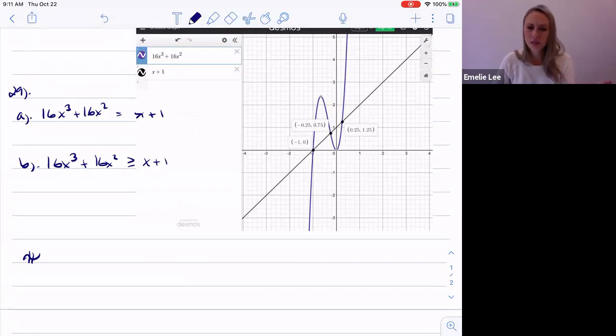If I asked you, where is this purple graph increasing, you would probably guess from negative infinity up until this point, which I didn't click on, so I don't know exactly where that is. But this is where it's increasing, and then it hits the cusp, and then it starts decreasing, and then it jumps back up, so it's increasing. So we already kind of know and understand when a function is increasing and decreasing.